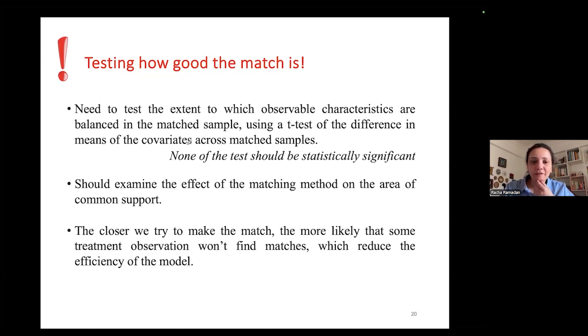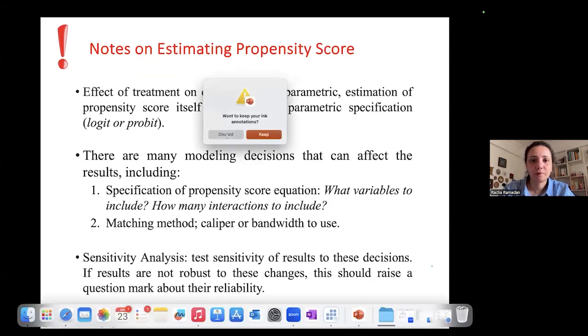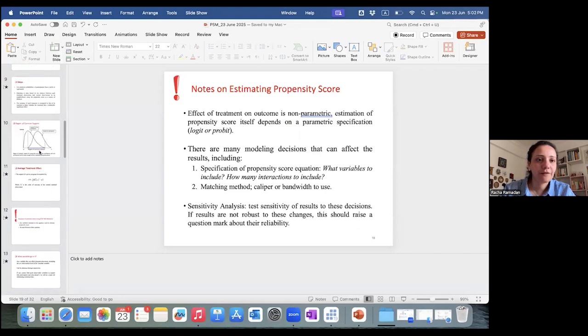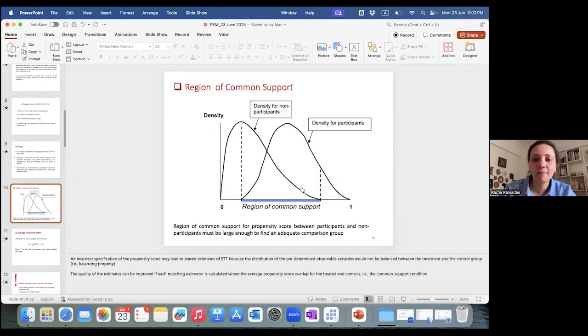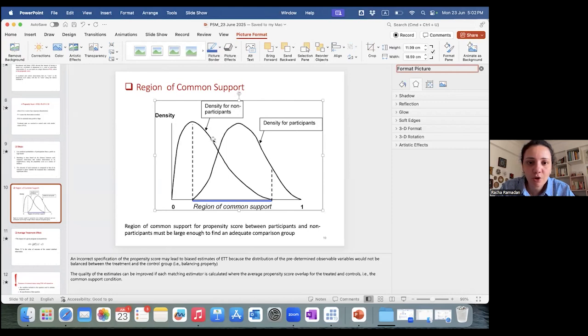Okay. If I return back to, if you remember, the matching, the region of common support. This region of common support depends on the characteristics we are choosing. So here again, if I include more and more variables, the difference between these two curves, these two density functions, will become larger, and the region of common support will be very, very small.